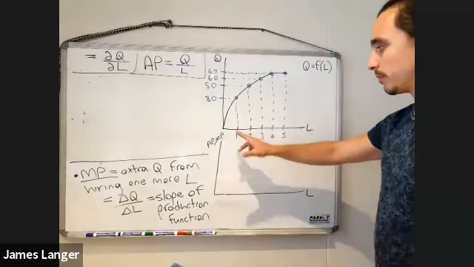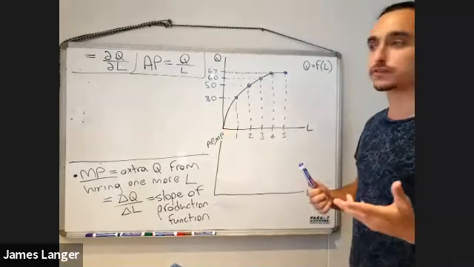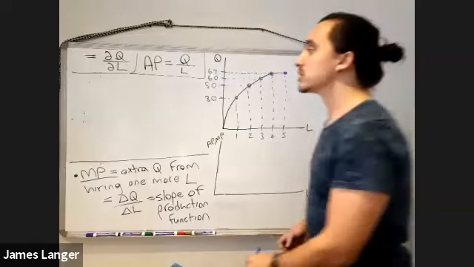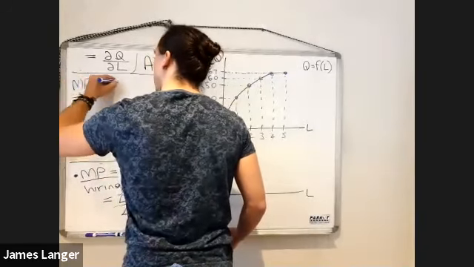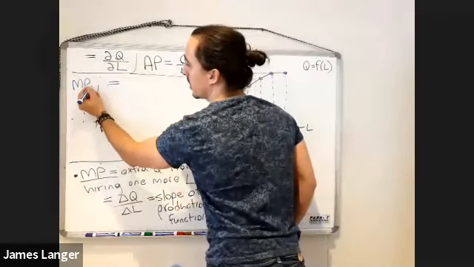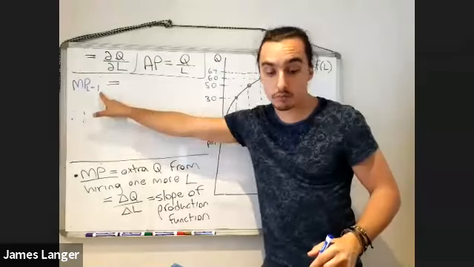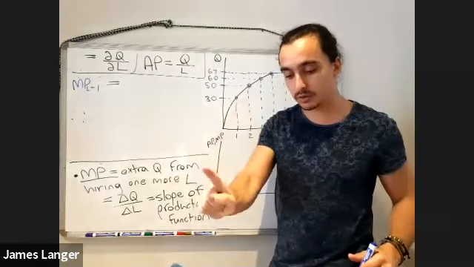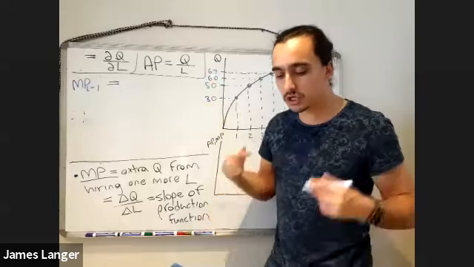All right, cool. So now what I want to do is I want to plot marginal product. I want to find my marginal product. So let's first just do the maths, right? So what is the marginal product when L is equal to 1? Just so you can see my notation here, I'm saying marginal product with a subscript L equals 1. So marginal product when we have labor equal to 1, right? So we could just put MP1 if we want to.